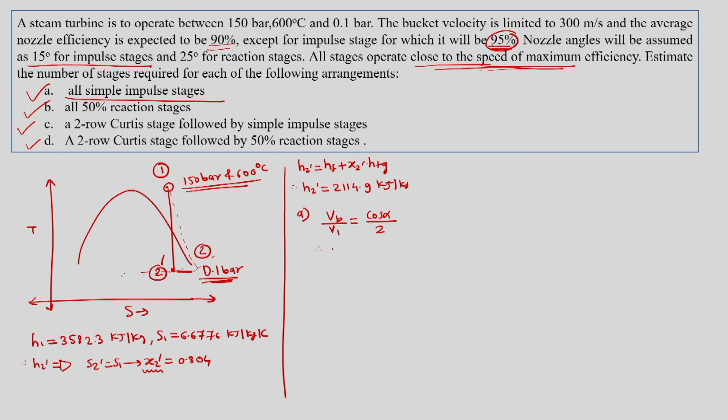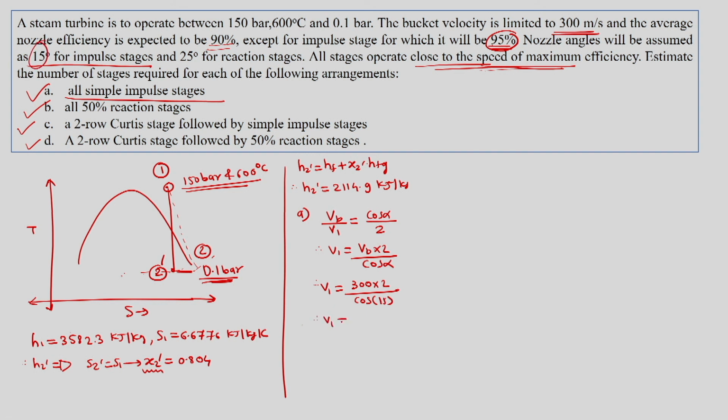So we have V1 is equal to Vb into 2 divided by cos alpha. We are told that Vb is 300 meters per second, so 300 into 2 divided by cos of 15, as the angle is given as 15 degrees.